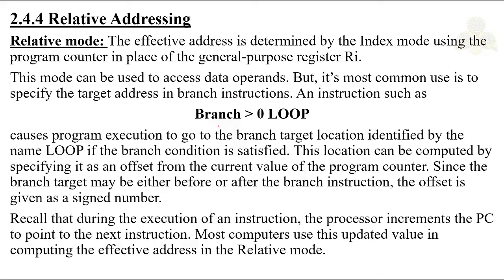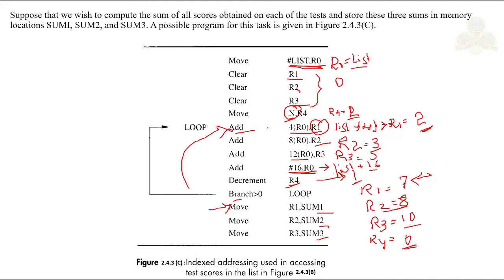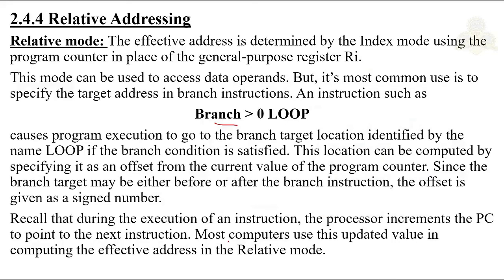Suppose we take this example, branch greater than 0 loop. So this loop, as we see here, you have a branch condition here and the loop is here. It can be backward or it can be forward. So the offset has to be added accordingly.